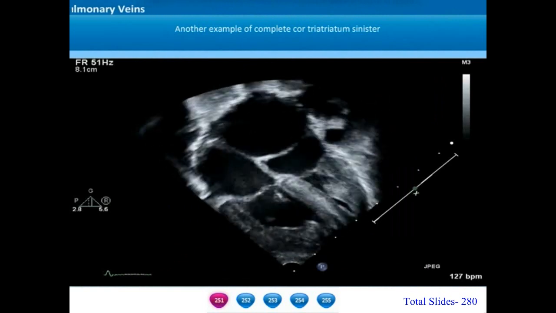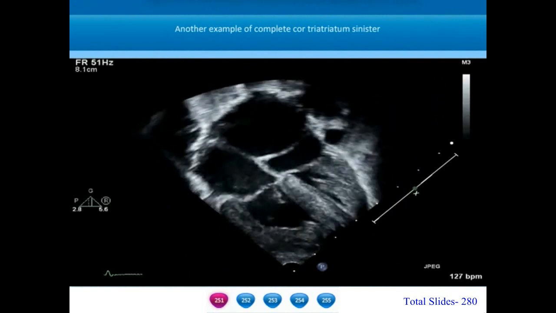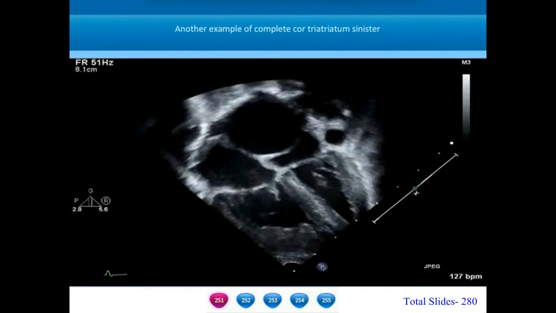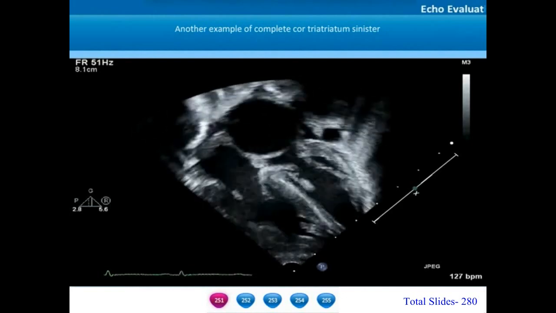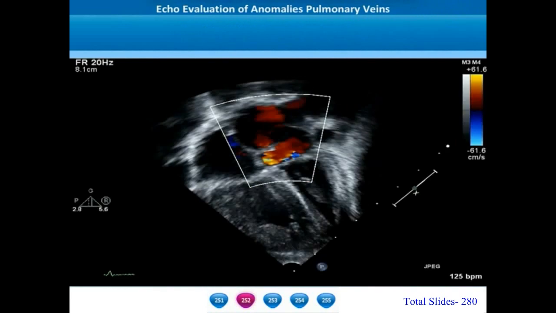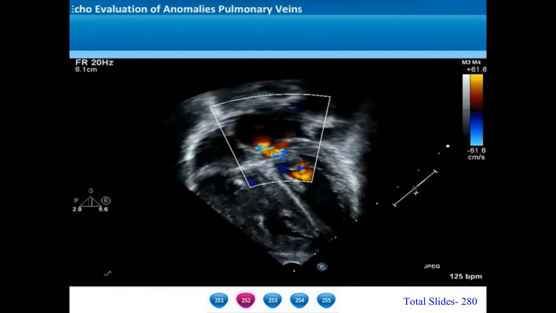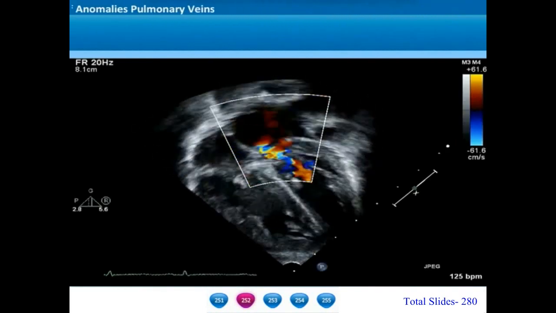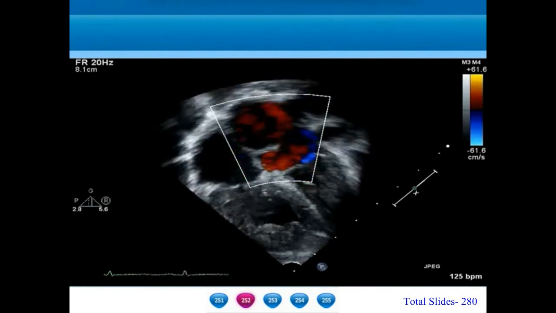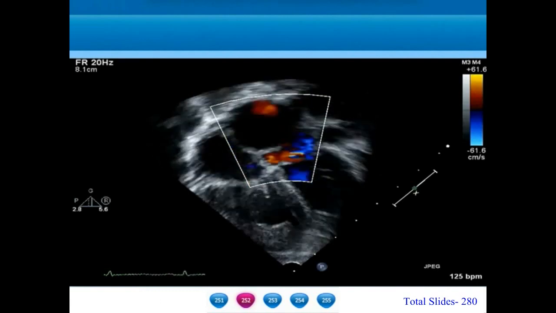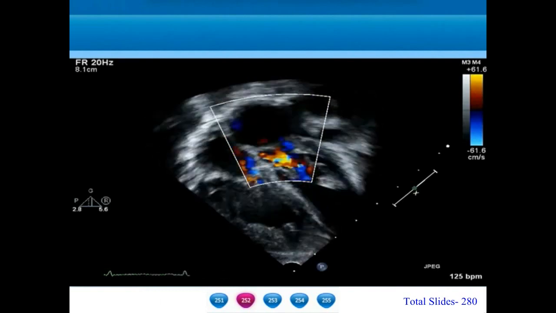To reinforce the understanding of cor triatriatum sinister, we wish to show you another example of a complete cor triatriatum, a completely partitioned left atrium, a completely divided left atrium. Contrary to the previous example that we showed, where the orifice of the membrane was close to the lateral wall of the left atrium, here the orifice in the membrane is close to the intraatrial septum.